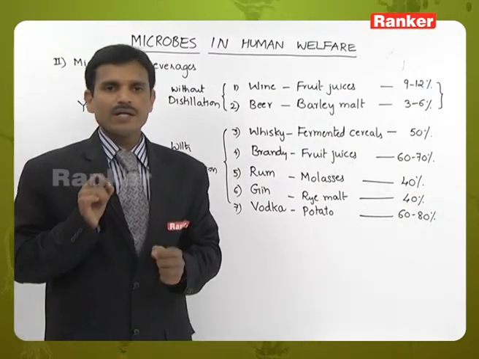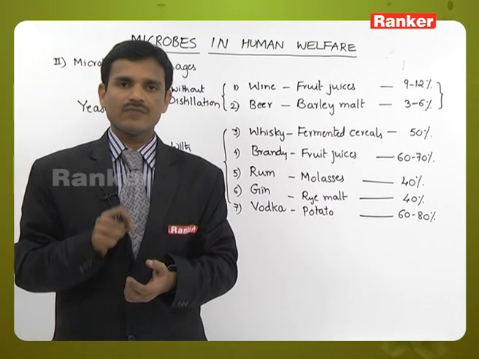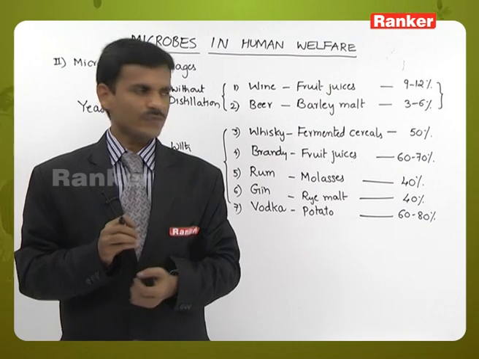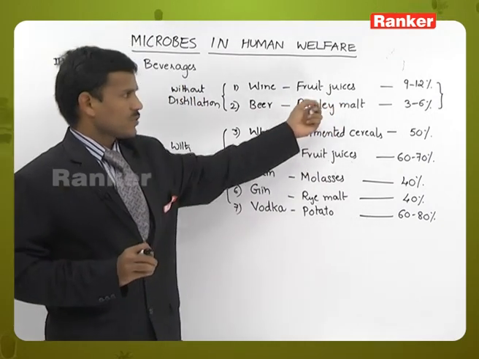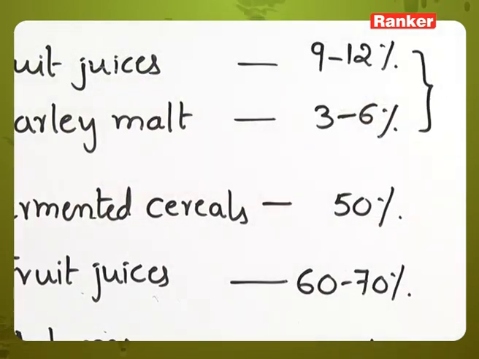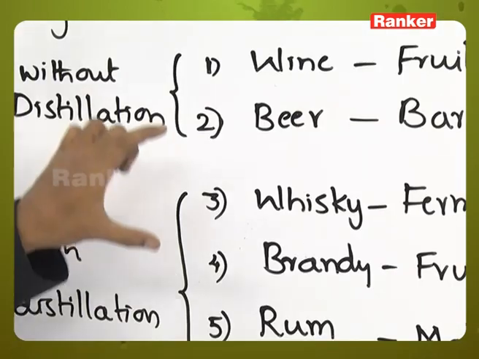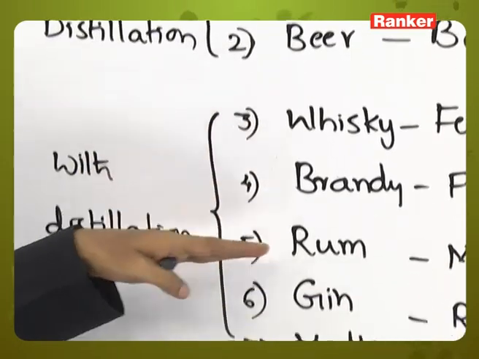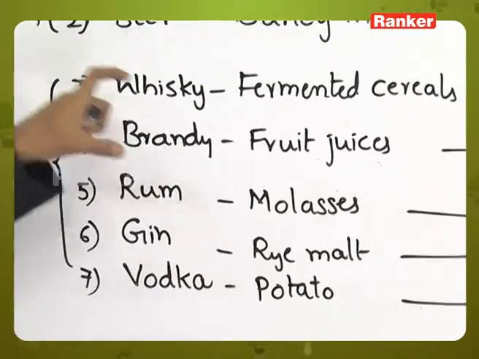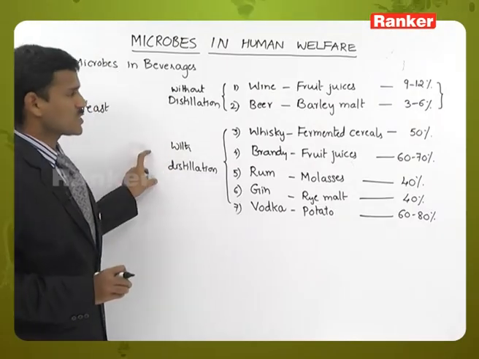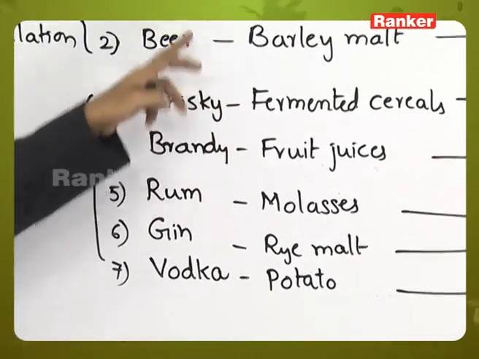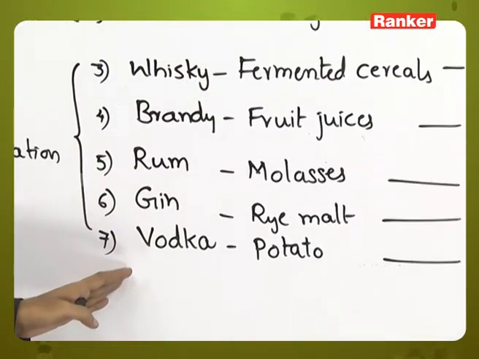Generally the bacteria or fungal members involved in the fermentation of alcohol produce a maximum of 9 to 10%, or at least 12%, of alcohol, and in whiskey, brandy, rum, gin and vodka the alcohol percentage is more. All these are produced by the distillation method, and different substances are used for their production.